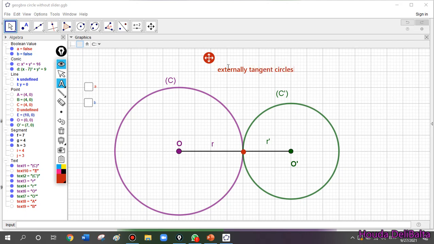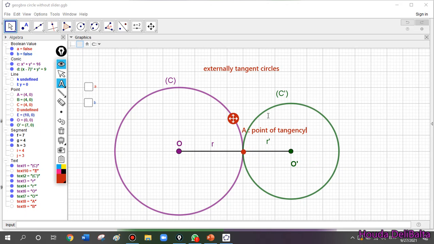And notice that the point of tangency is collinear with the centers: O, A, and O prime are three collinear points.